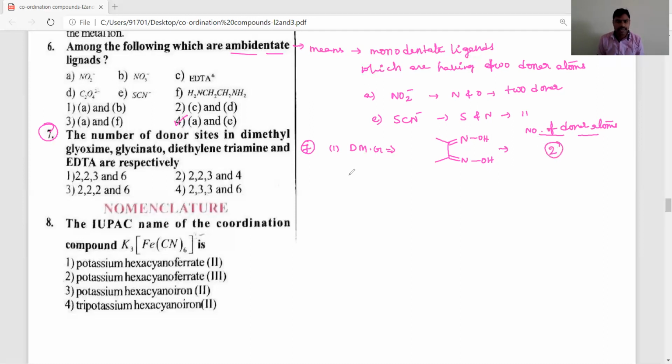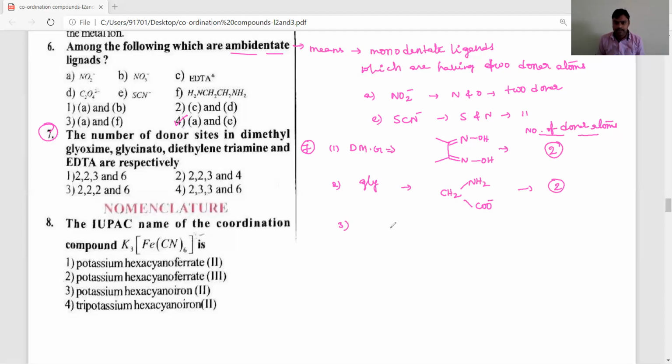Now let's see the second ligand, glycinato ion. The glycinato ion is also a ligand containing two donor atoms. It is the amino acid glycine, NH2 and COO minus. Here two donor atoms are present. Next, the third one is diethylene triamine.